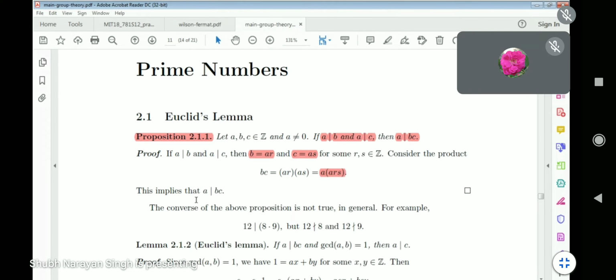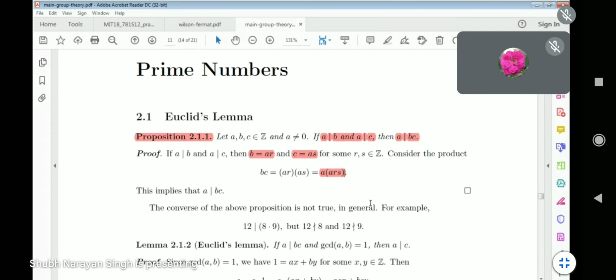It is not difficult. Now, but think, just the reverse statement of this one. So if a divides bc, can you say that a divides b and a divides c? If a divides bc, can you conclude that a divides b or a divides c?